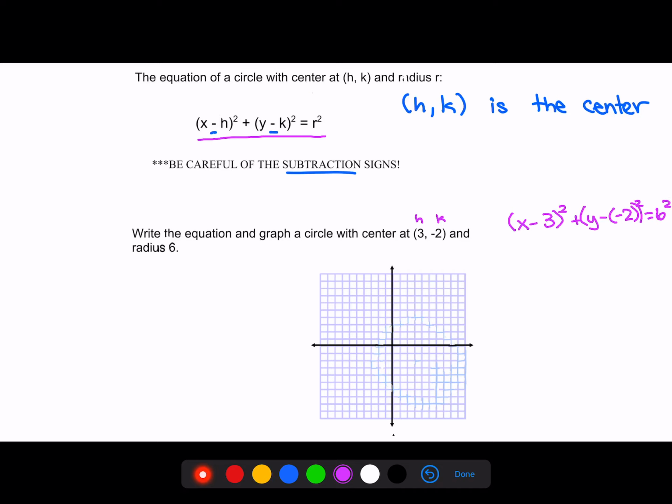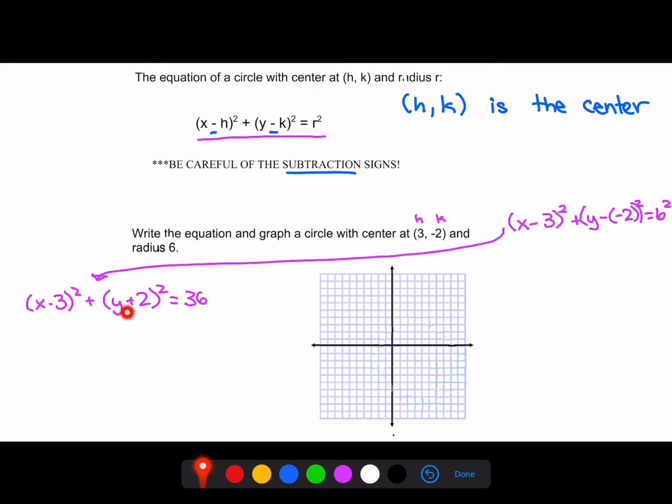I'm going to write this over here so I have a little bit more space. This will leave us with (x − 3)² + (y + 2)² = 36. Just a heads up, on your homework these are always going to be plus.